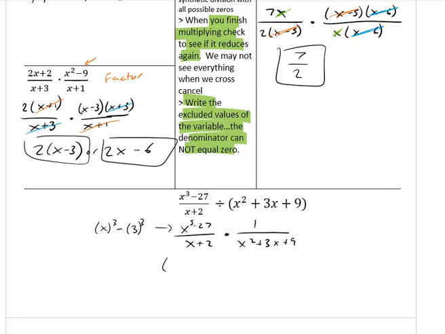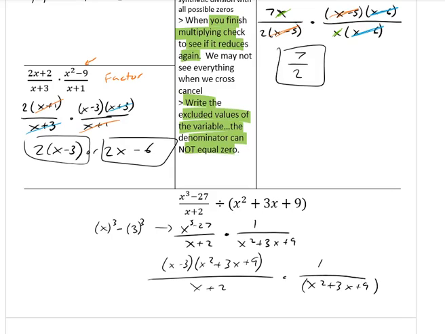That equation would give me x minus 3, x squared plus 3x plus 9 all over x plus 2 times 1 over x squared plus 3x plus 9. This cancels with this. Therefore, I am left with x minus 3 over x plus 2.